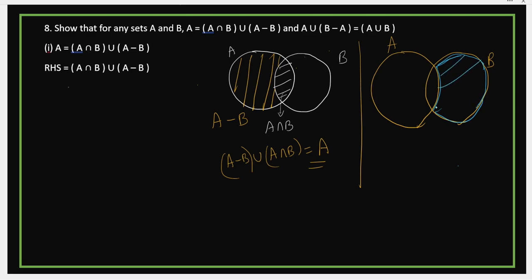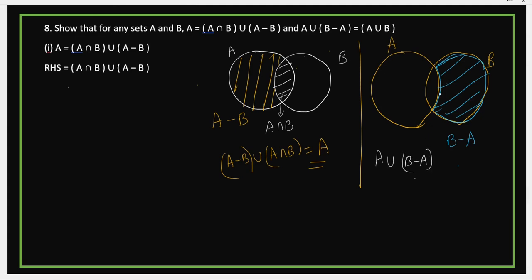This one is B minus A. What is A union (B minus A)?